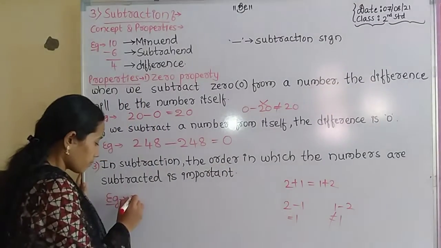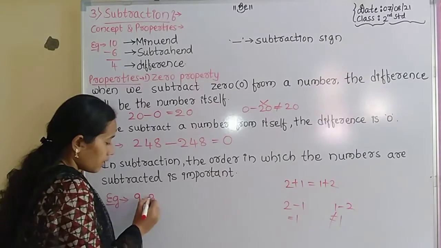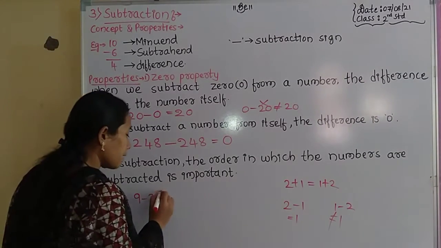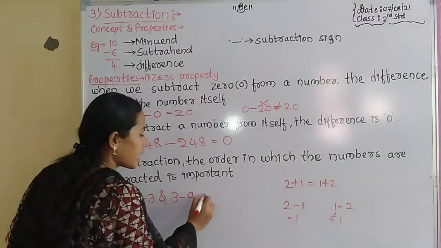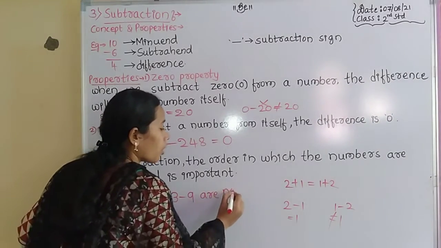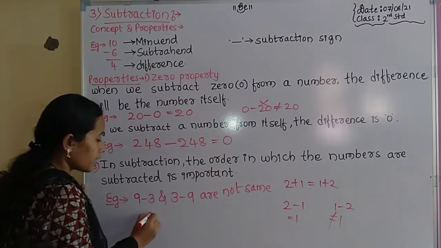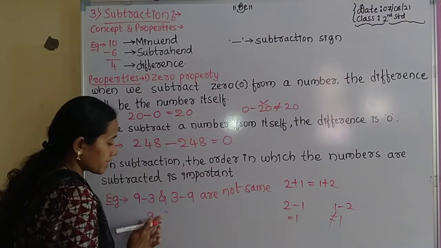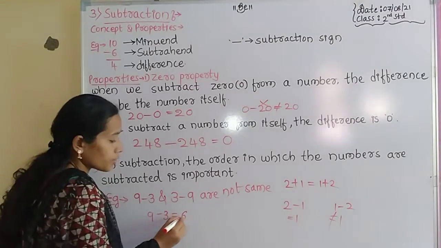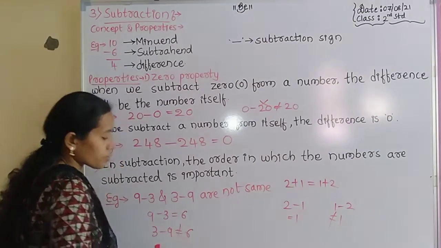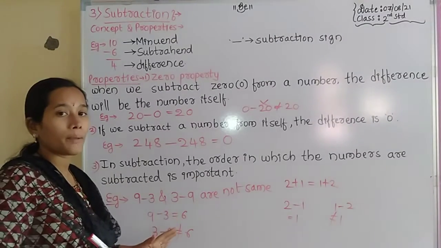See, 9 minus 3 and 3 minus 9 are not the same. Here 9 minus 3 is equal to 6, and 3 minus 9 is not equal to 6. So here order is very important.